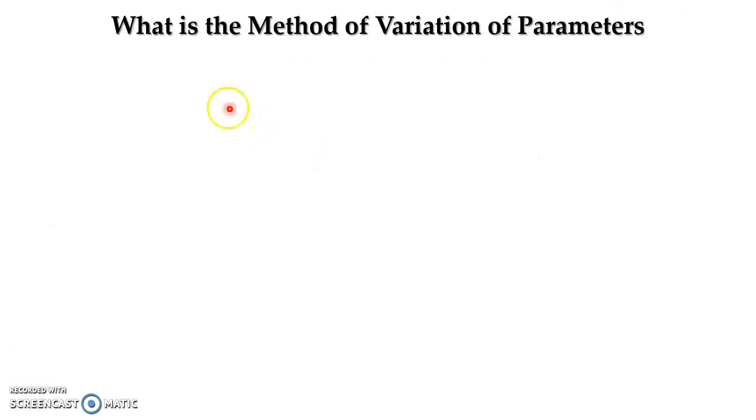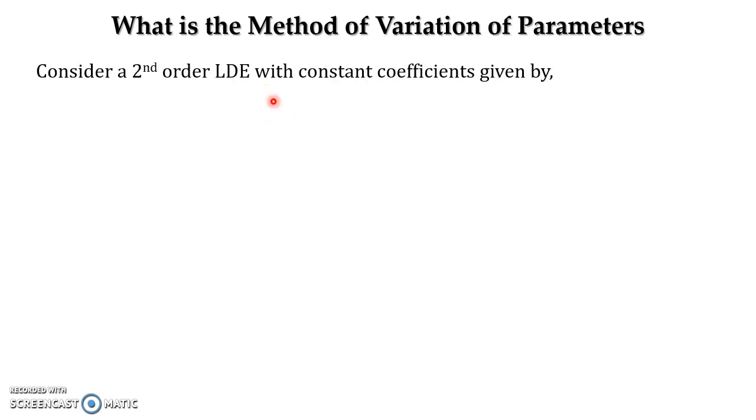Before we understand the method, let me remind you that this method is applicable for any order of the higher order linear differential equation. But for simplicity, we are going to start with the second order linear differential equation, which is given by this equation. Now this x is the function that I mentioned earlier, which is to the RHS of the second order LD.